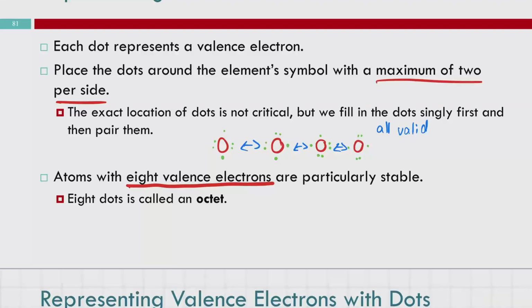You should also breathe air. So atoms with 8 valence electrons, like noble gases, for example, that's a free example for you, are particularly stable. Very good. We want to be stable. We want to be happy. Stable you can also think of as happy. 8 dots we call an octet.